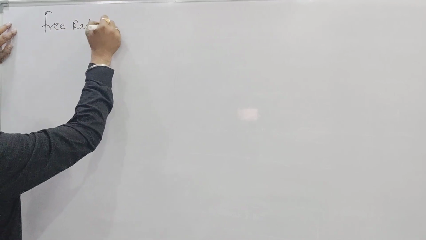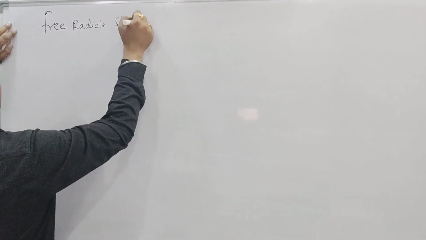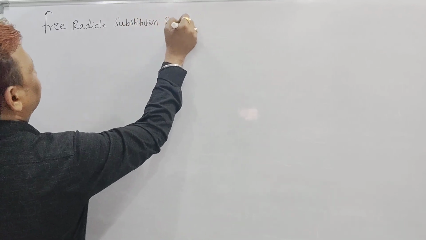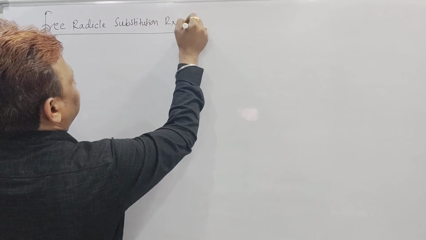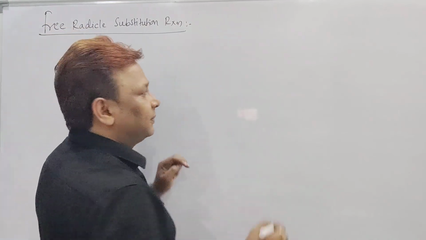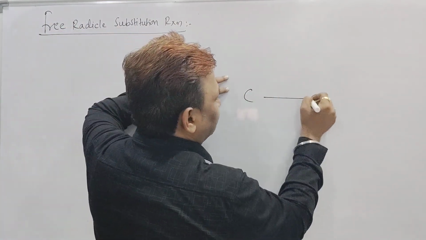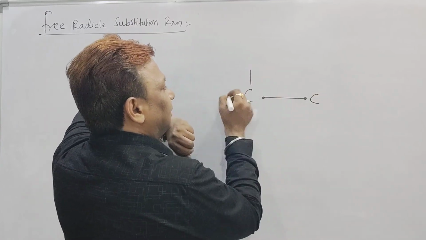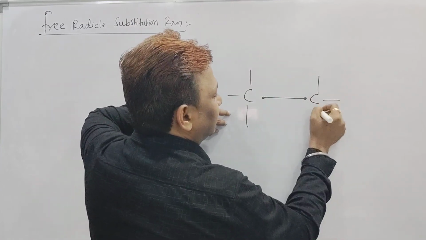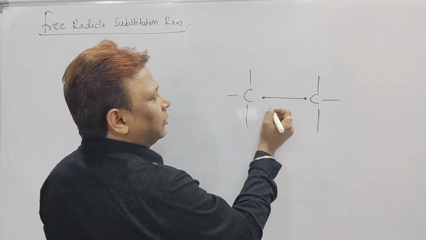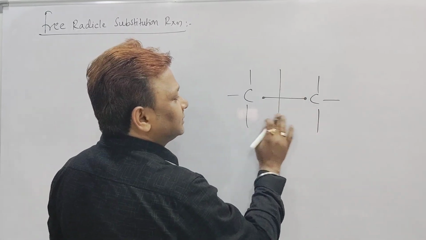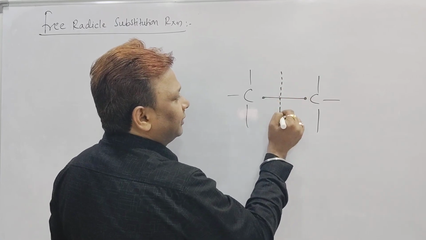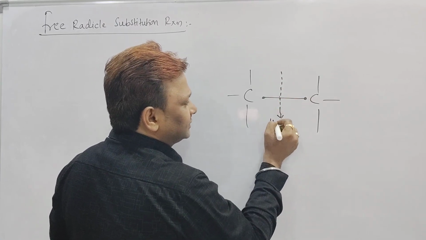What is a free radical? Beta, if you don't know, I just want to tell you what a free radical is. See here, carbon bonded with carbon, each carbon has an electron, and the remaining are having a bond. Suppose, beta, I have homolytic cleavage.